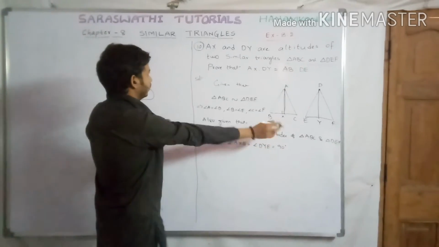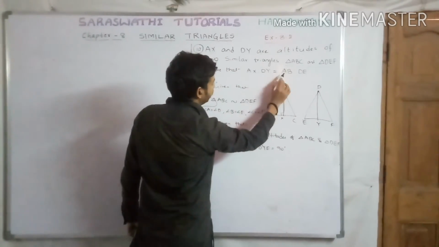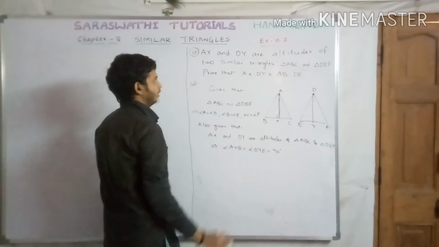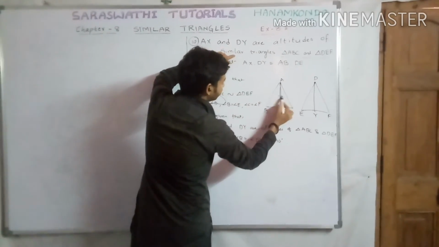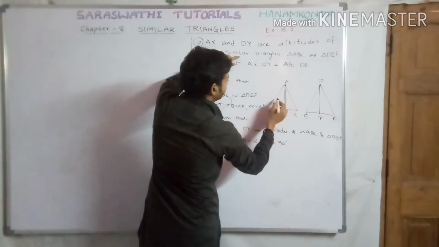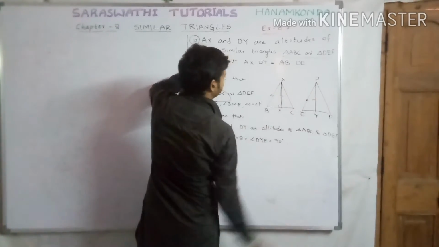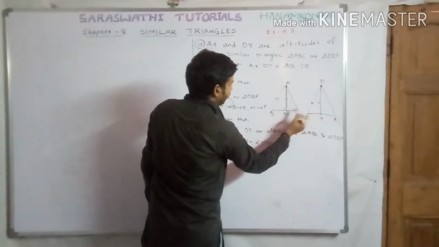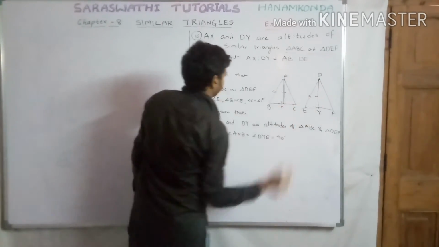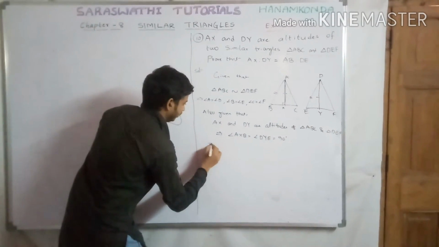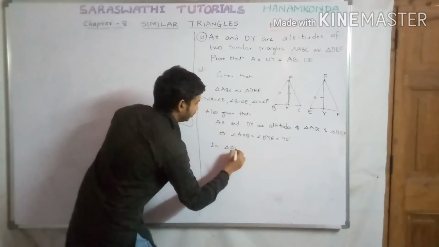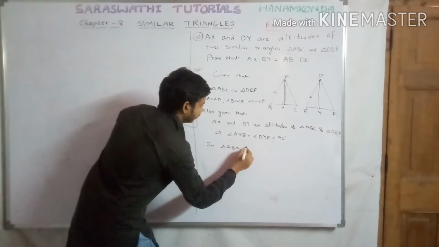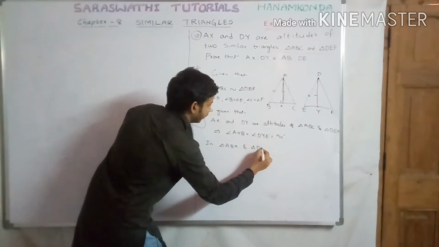In the question, prove that AX is to DY equal to AB is to DE. So we have to consider triangle ABX and triangle DEY.